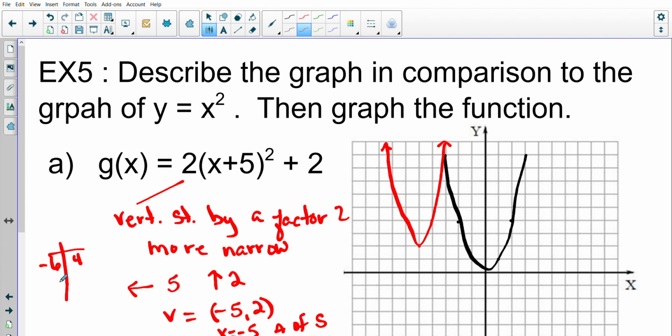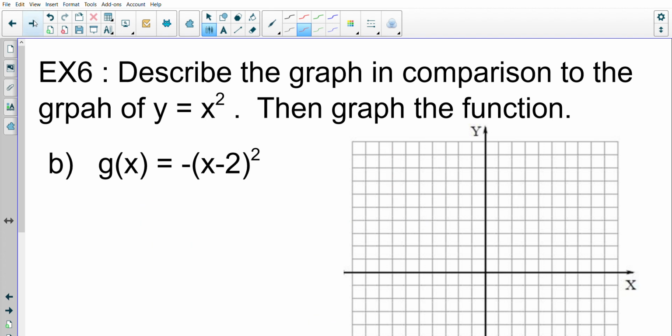When x is negative 4, y is also 4. When x is negative 7, y is 10. When x is negative 3, y is also 10. And you can check that and see what's what. So the whole idea is that you can see what these graphs look like without having to use Desmos. You can use Desmos then as a check.